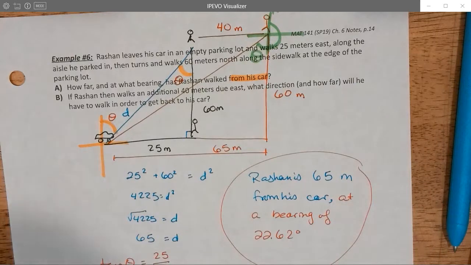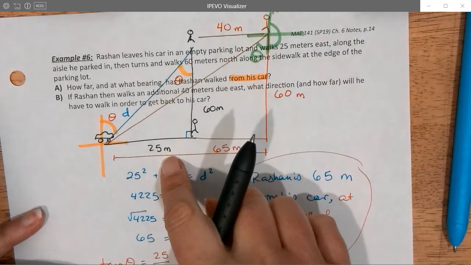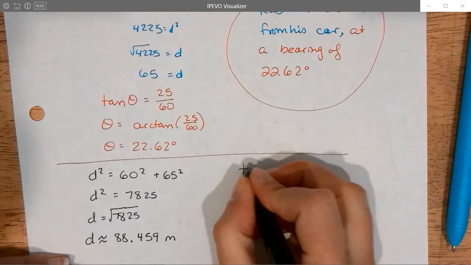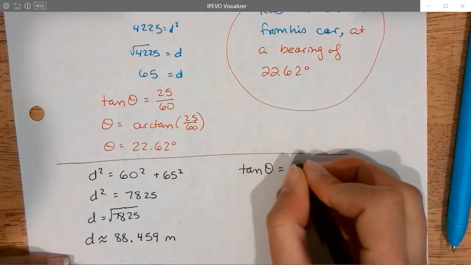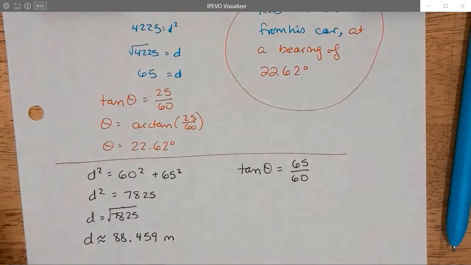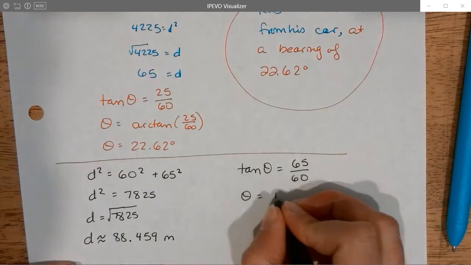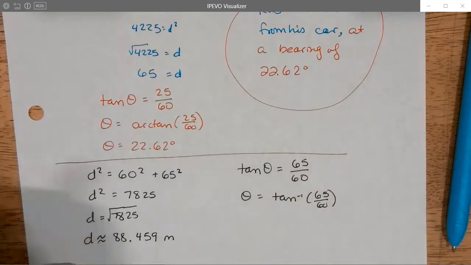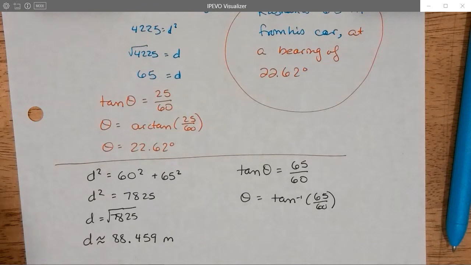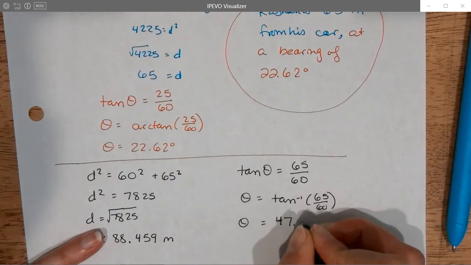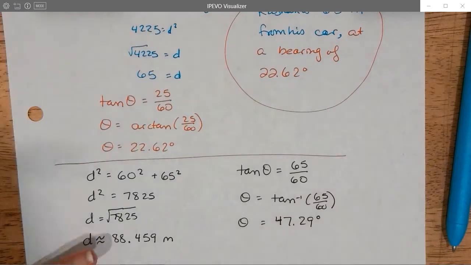Okay. So first, this is an opposite over adjacent of 65 over 60. So we're going to start with a tangent of the angle equals 65 over 60. And then we can arctangent that ratio to get the angle. I'm just typing this in, so that gives me arctangent of 65 over 60, an angle of 47.2906, so 47.29 degrees.